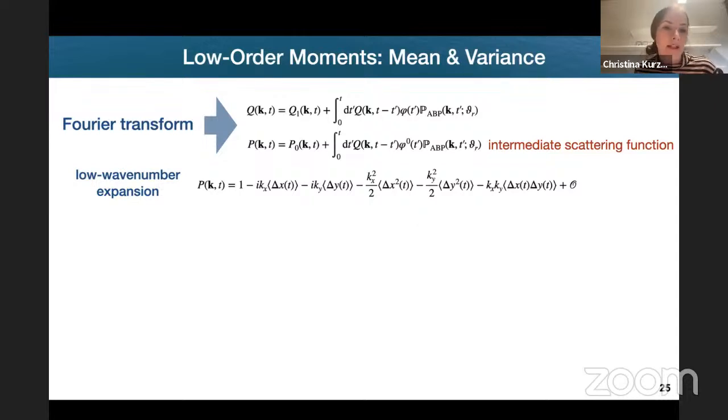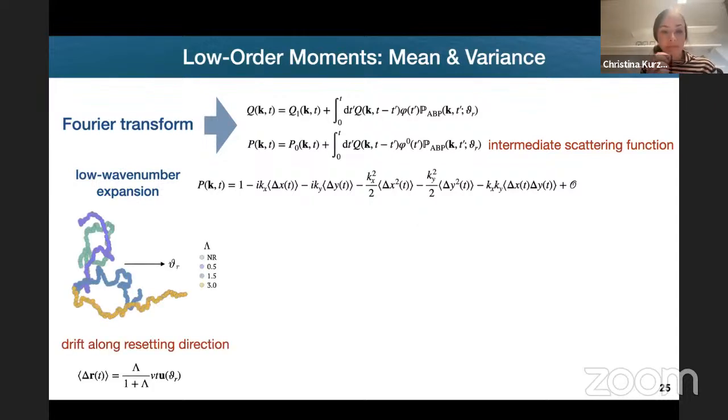So what we can calculate analytically now is, for example, what is the mean displacement? It turns out if you have all your particles starting from here and you look at cases of different resetting rates, those with a higher resetting rate show more directed motion than those with a lower one.